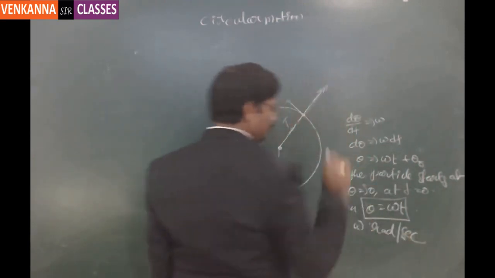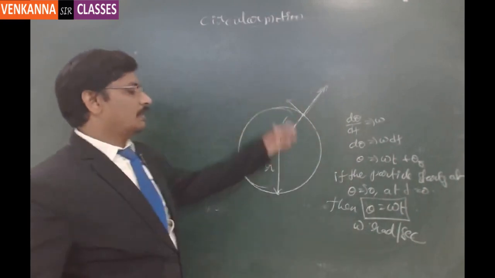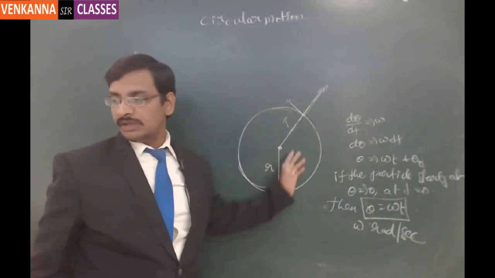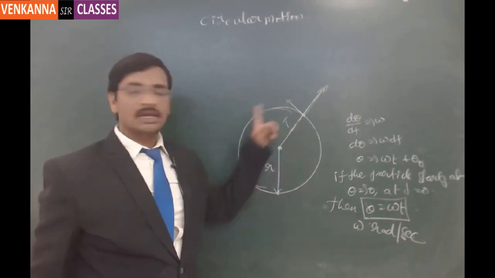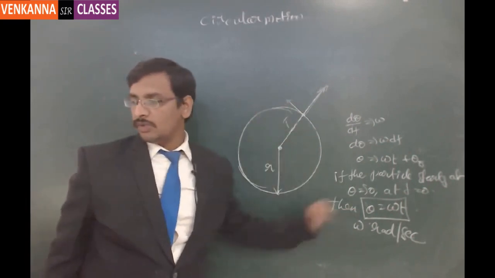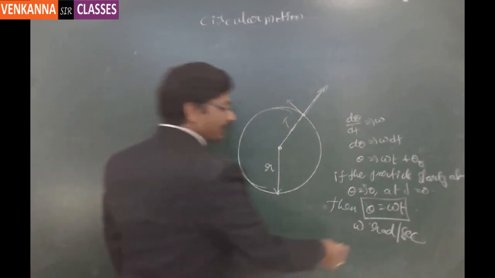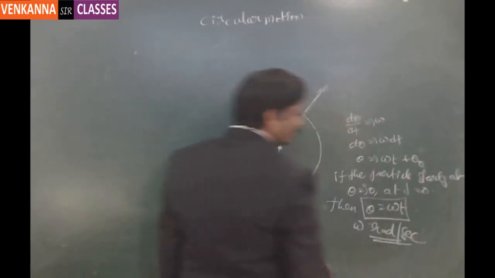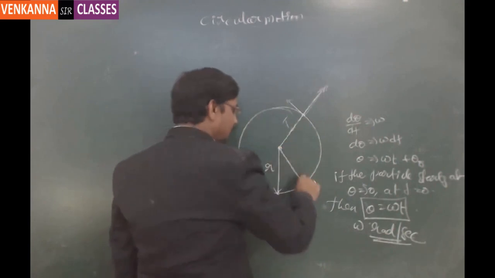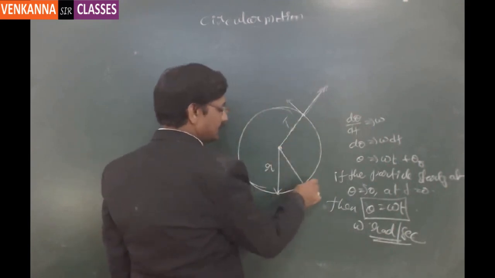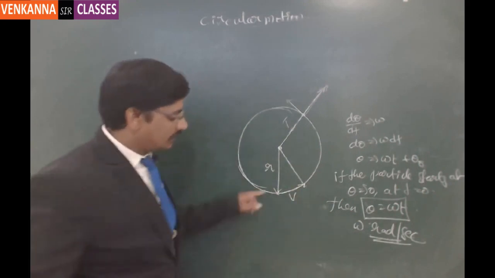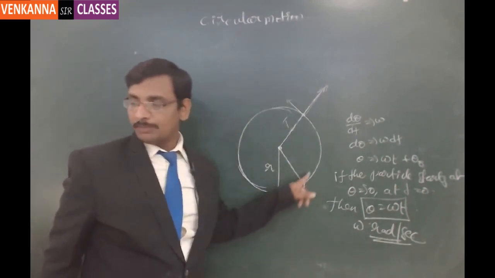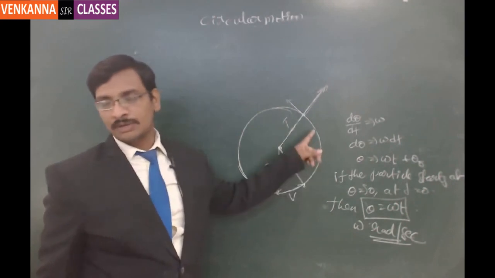So when this is moving with an angular velocity of omega, then in 1 second it is moving omega radians, so omega radians per second. Now the arc length, if you try to calculate it, let us say this particle is moving with a velocity of v. This is the linear velocity of the particle moving on the circular path.